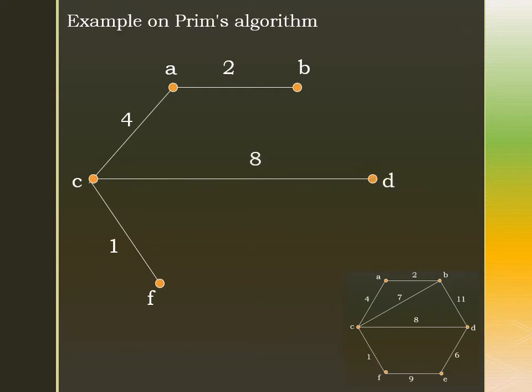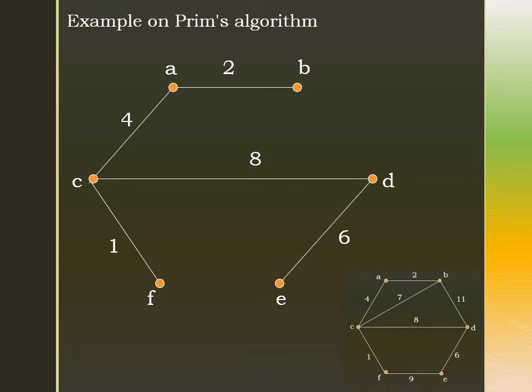So we can go with edge CD with minimum weight 8. And lastly, we are left with node E, with the edge ED having minimum weight 6, and D is already present in the spanning tree, and therefore we can include edge ED in the minimal spanning tree.